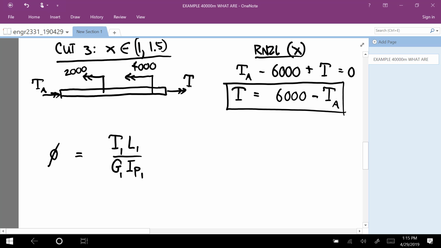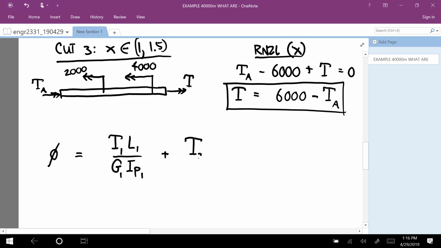That's all on that first piece. The shear modulus is E over 2 times the quantity 1 plus nu. And then on the second piece, so that's the angle of twist for that first 0.5 meters.